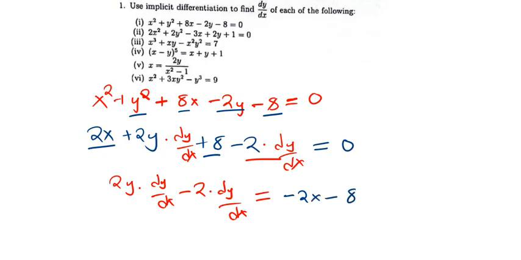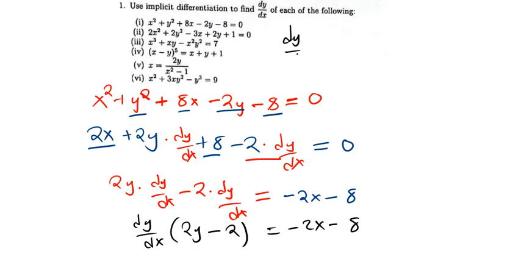Now factor out dy dx, that's what we're interested in finding. You remain with 2y minus 2 equal to negative 2x minus 8. At this point we can just divide by the 2y minus 2 on both sides. So we're going to have our dy dx being equal to negative 2x minus 8 over 2y minus 2. So that's it for the first one. That's how you differentiate it.